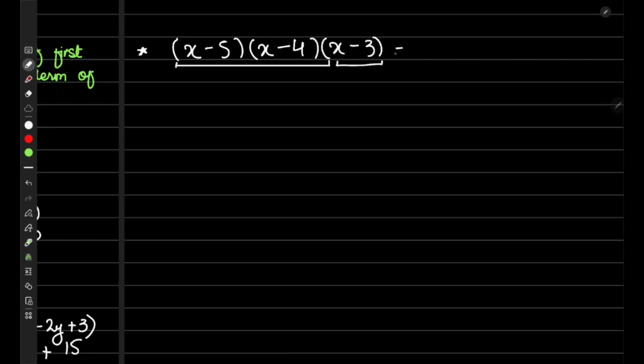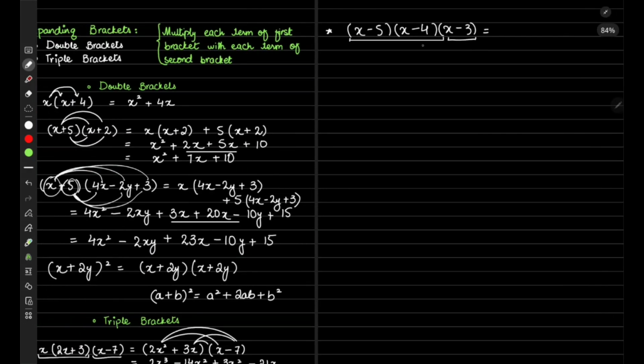So it will be x square, x times x, times minus 4x, then minus 5 times x and minus 5 times minus 4, minus 5x plus 20, times x minus 3.